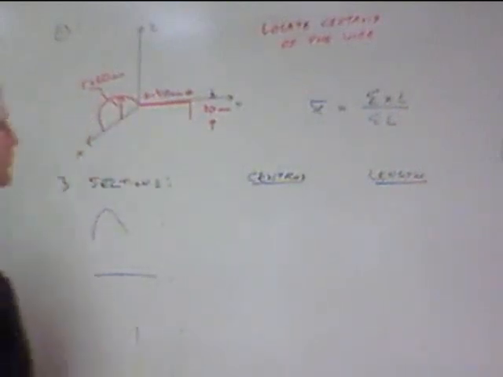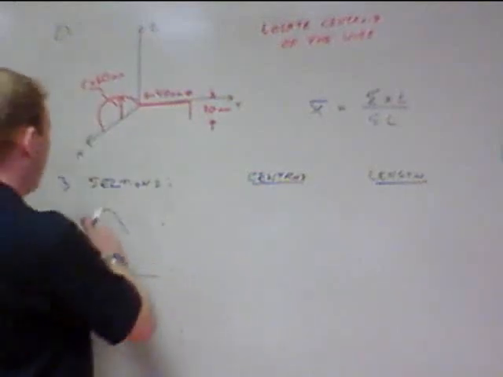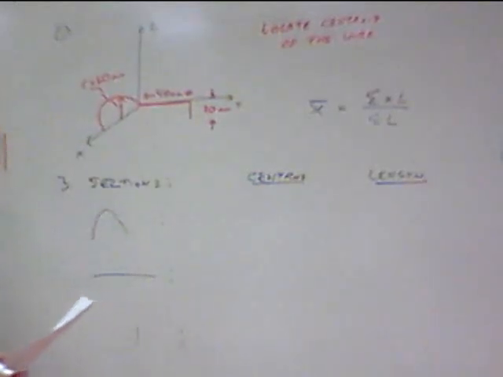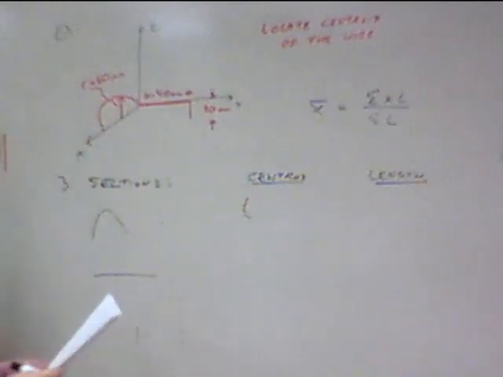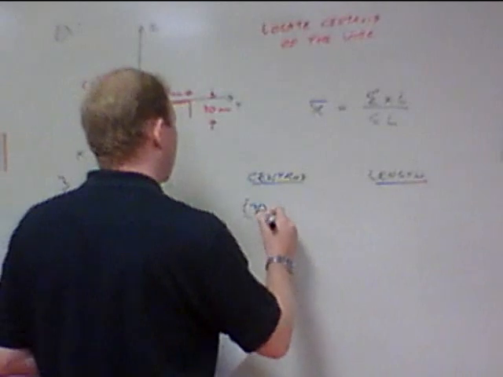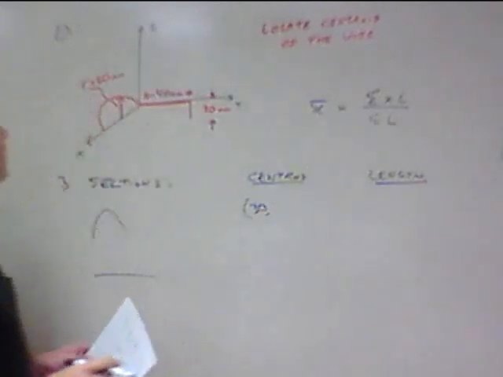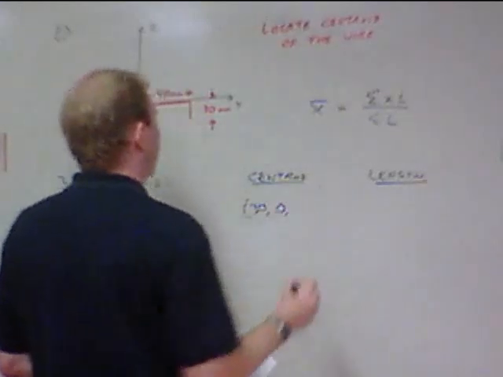So the centroid here, the center of a hemispherical hoop, in this case the x centroid is at 30 millimeters. The y centroid, it doesn't extend at all in the y direction, so it's 0.